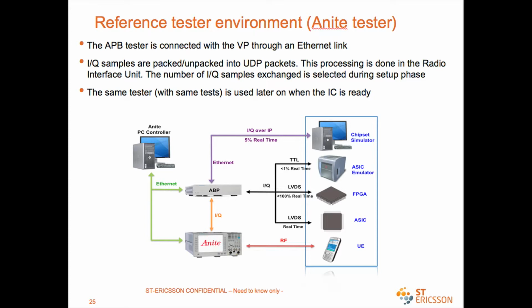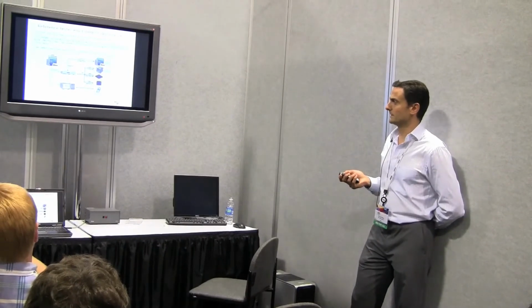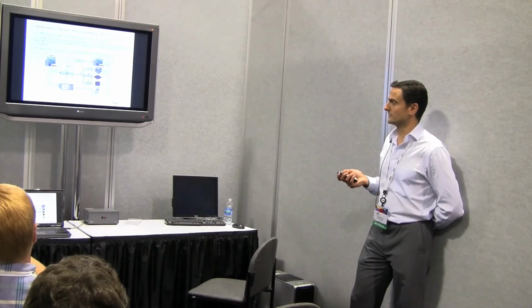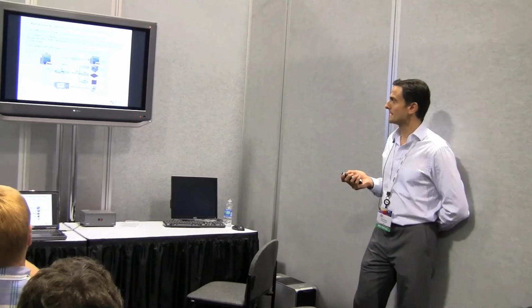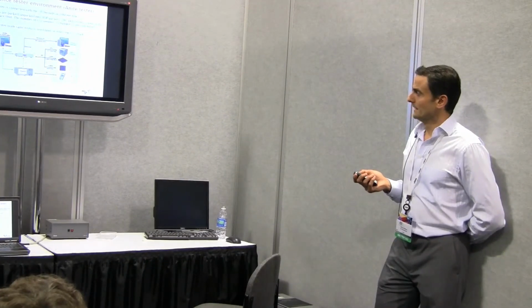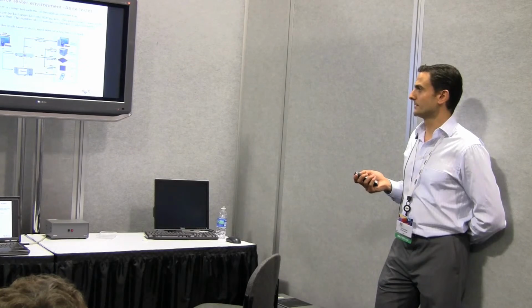What is also really convenient is that when your IC is available, you will reuse the test written using this tester with the virtual platform, and just have to replace the virtual platform by the final IC. Tester is also capable to exchange and communicate using radio frequency with the mobile phone. Here we see 5% the real time.